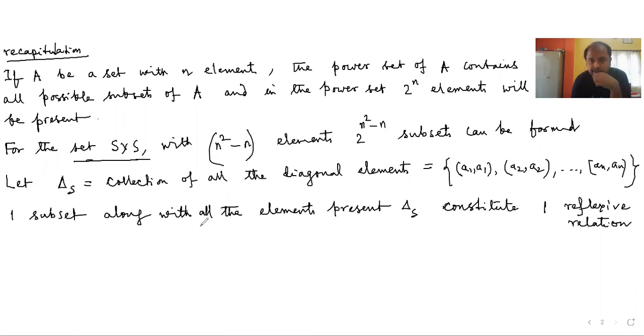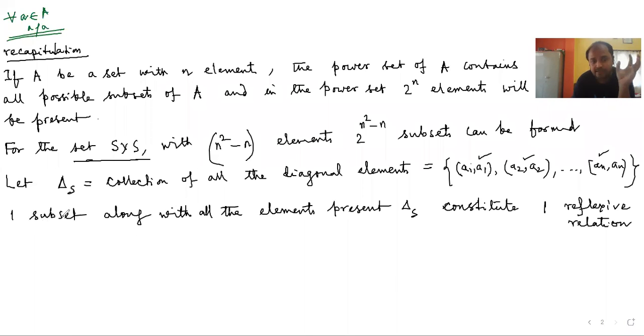Because you know that to design a reflexive relation, you should consider all the elements A1 A1, A2 A2, AN AN. Why is it so? Because for the reflexive relation, it was written that for all A belonging to the set capital A, A row A must exist. So all these elements must be present for the relation to be reflexive.